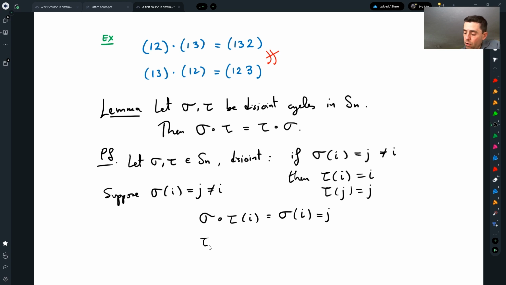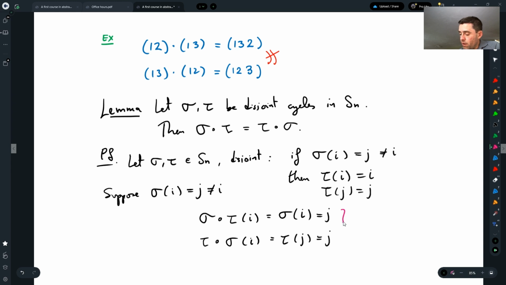Let's see what tau composed with sigma, evaluated at i, does. Sigma does do something to i, it sends it to j, but tau cannot touch j because they are disjoint cycles, so j is j. And then you see that these are actually the same, so they work exactly the same.